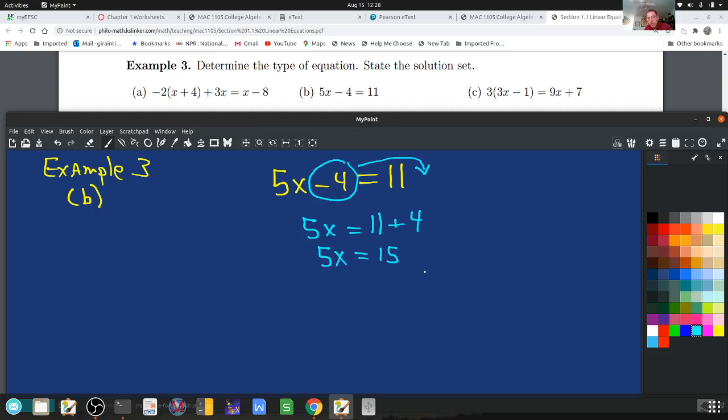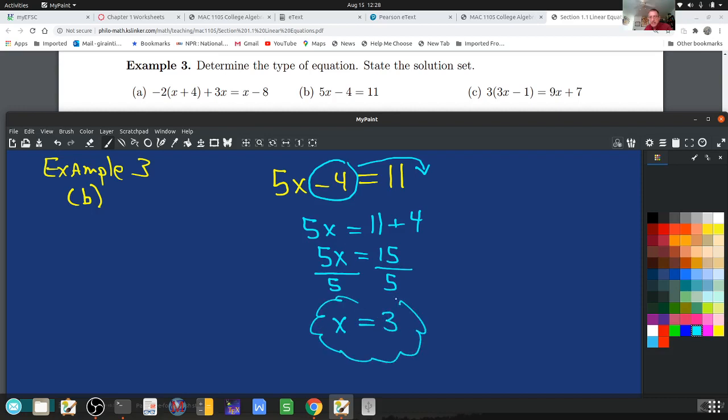So now I want to know how much a single x is. I know how many 5x's are. So to find what a single x is, I divide both sides by the coefficient of x. Same as multiplying both sides by 1/5. So 5 divided by 5 times x is 1 times x, which is equal to x. And 15 divided by 5 is 3.